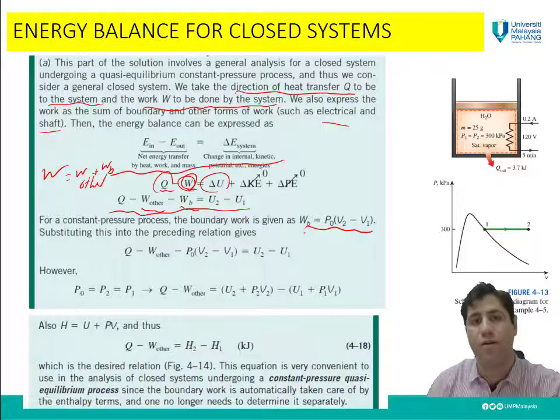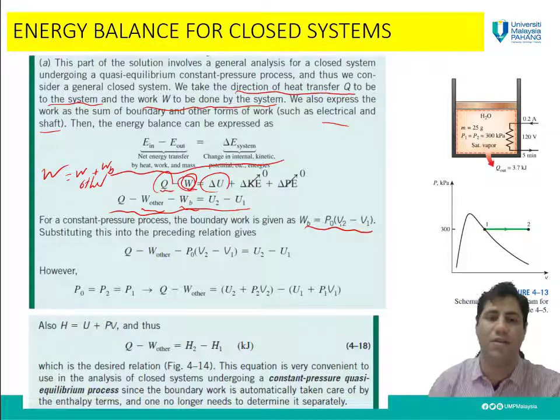W_B, or boundary work, for a constant pressure process like what we have here will be equal to P, which is constant, times change in the volume of that system.